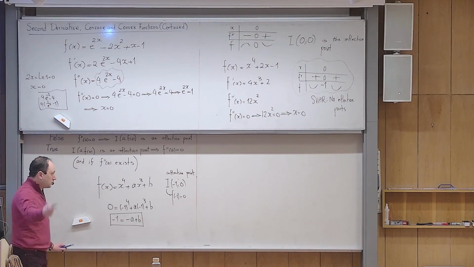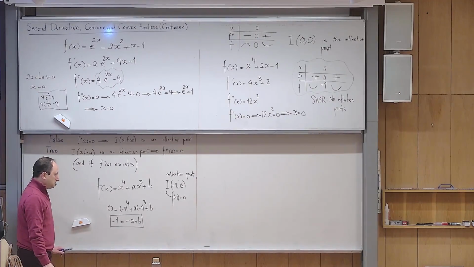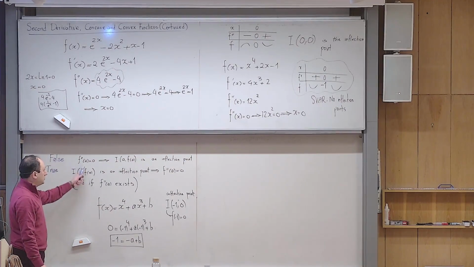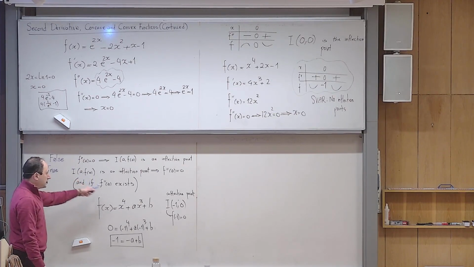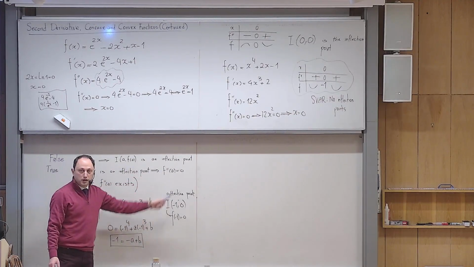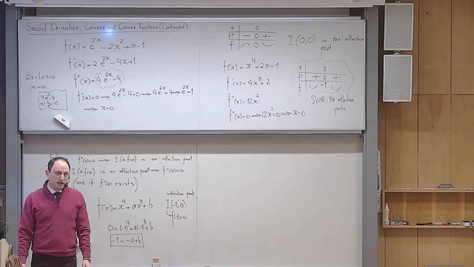As for the second equation, as mentioned, which one am I using, do you think? Can you point it out? I am using this one or I am using this one. Because you see, I am not allowed to use this one because it is false. Be careful. But in this problem, I am using this one because this is guaranteed to be an inflection point. And then I can conclude that f double prime of that point is 0. Why, by the way?